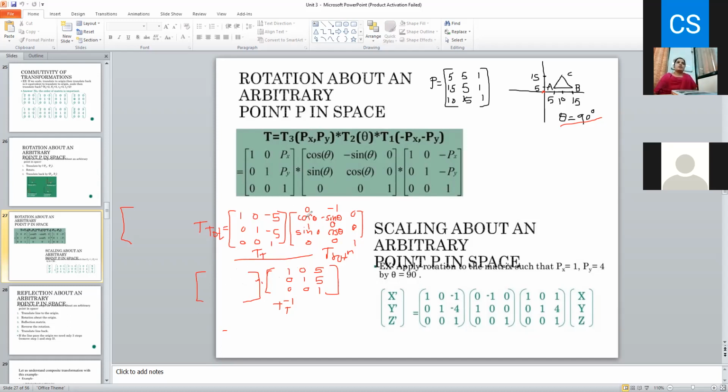So 1 into 0, 0, 0. So here I will have 0 itself. Then first row, second column, that is minus 1, 0, 0. So minus 1. Then 1, 0, and 1 into minus 5 is minus 5.